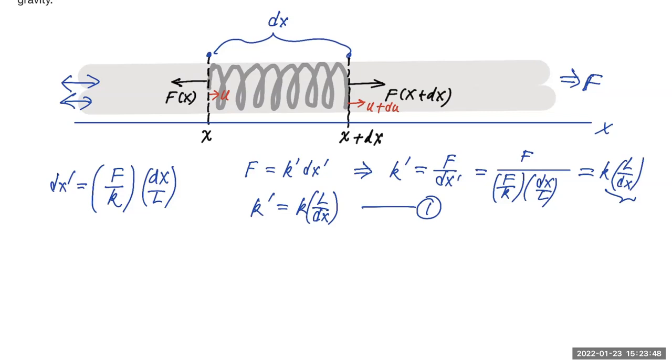So if the left edge moves by u, the right edge moves by u plus du, then the net movement is du, and therefore that basically says that the entire spring gets longer by an amount du, right?